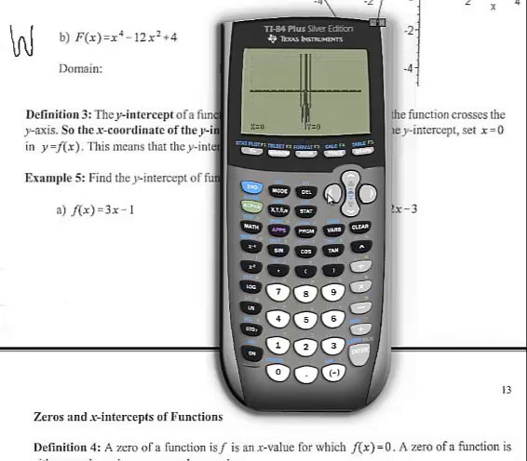I really just want to get the bottom, or in other words, the lowest point of my f function. Okay, here we go. Now we can see the absolute bottom.